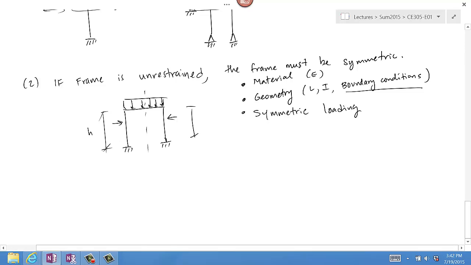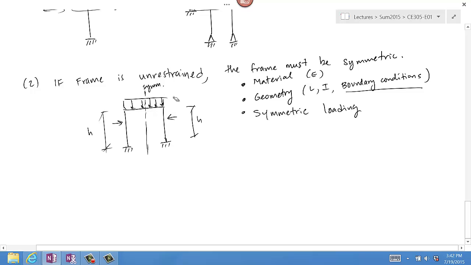And same heights, same EI for the columns. Now the EI for the columns can be different from the EI for the beam. But as long as everything is symmetric about this axis, the axis of symmetry, then this frame will not move. It will not translate left or right at the beam level.